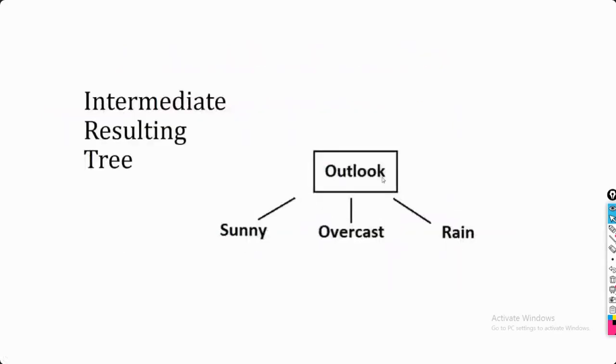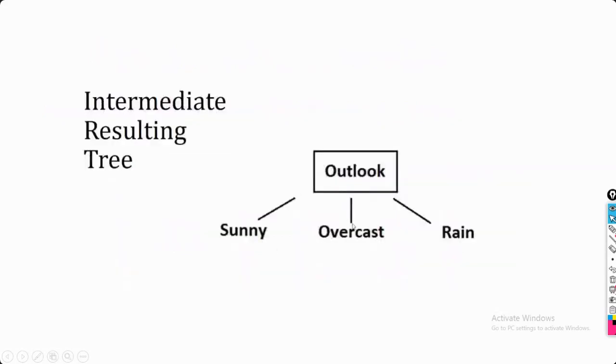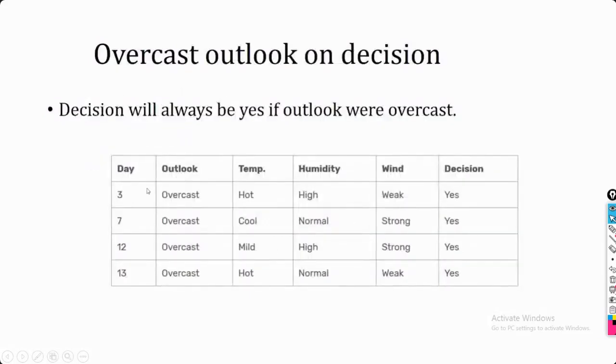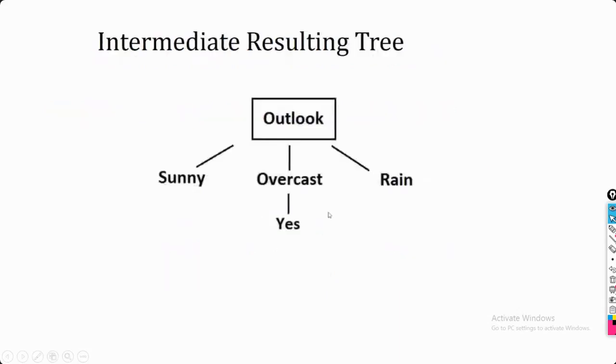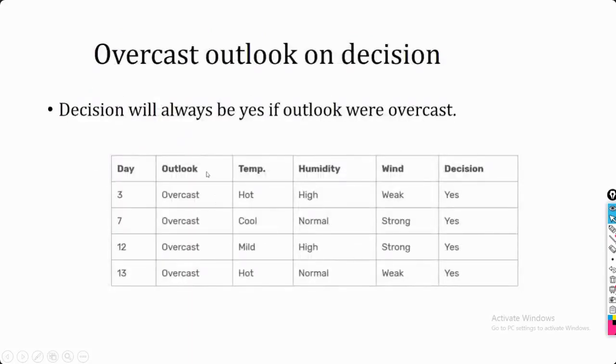For four of these instances, just after the division, these four instances are going to be a part of your middle side. This number is just representing an id, or you can say a serial number. So the instances 3, 7, 12 and 13 are going to be a part of this side.